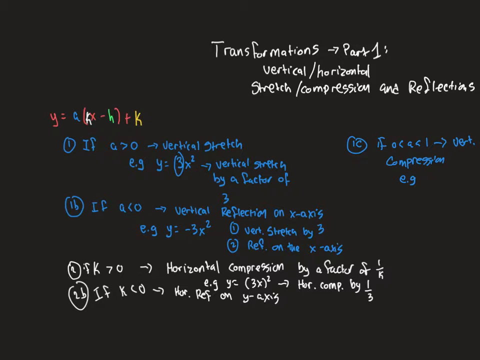So, for example, if I have y is equal to 1/3 x squared, then this is a vertical compression by 1/3. Whereas if I talk about inside, so k, this is a horizontal stretch.